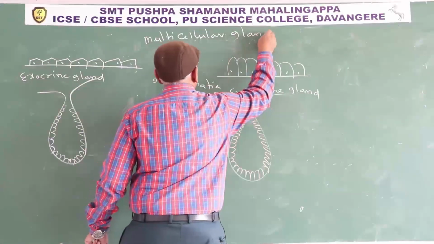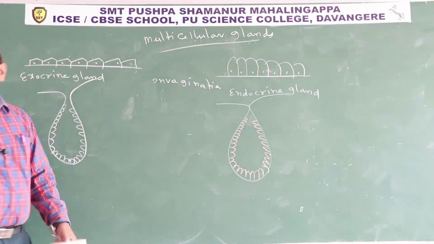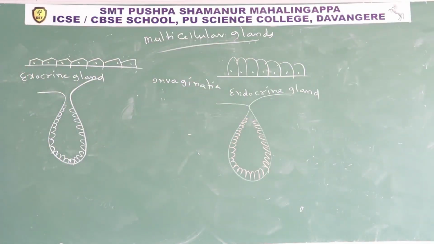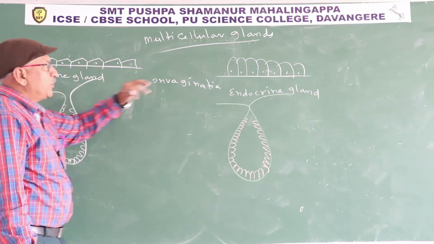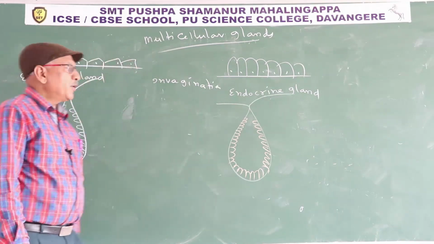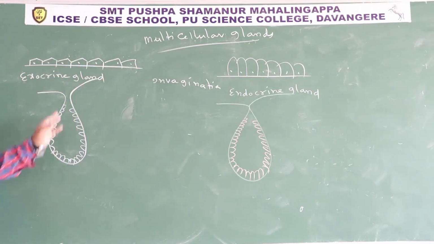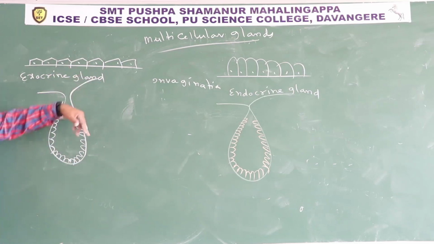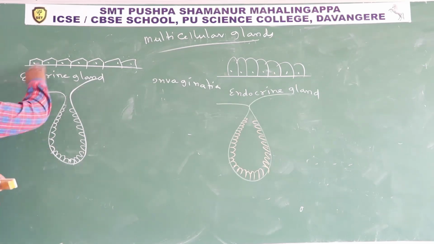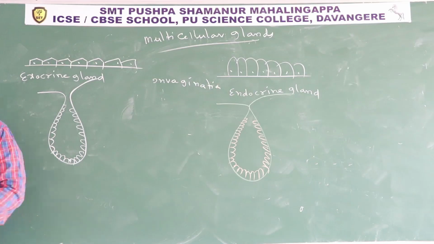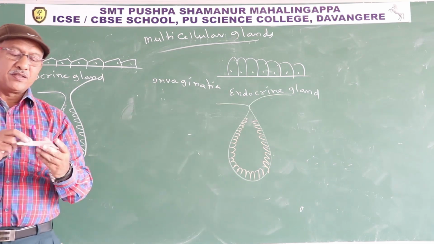So here is a possible question: multicellular glands are formed from either simple cuboidal epithelium or simple columnar epithelium. How is a multicellular gland formed? Due to invagination. Invagination means fold inwards. For example, we assume this is the tissue.